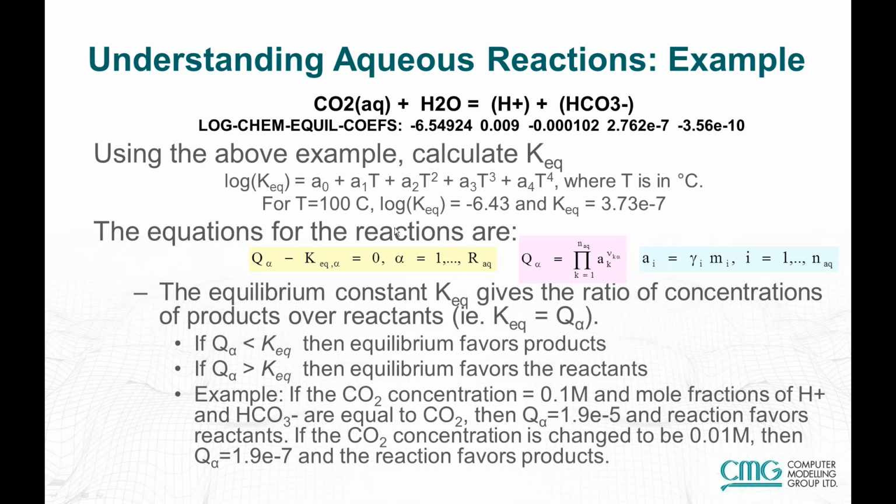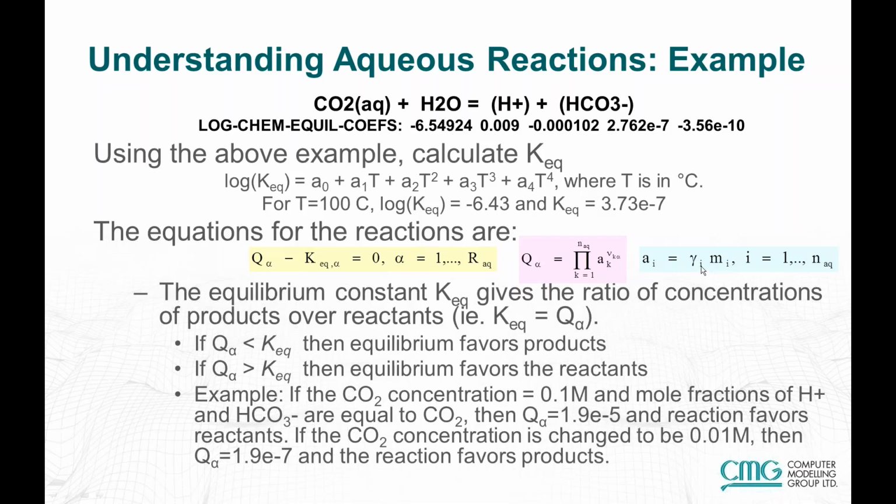Now the equations for the aqueous reactions are Q minus K_eq equals 0, over all reactions. And then the Q is given by the product of a_k to the power of v_k. v_k is just the stoichiometric coefficients, and then a_k is given by this equation on the right here, which is gamma times m.